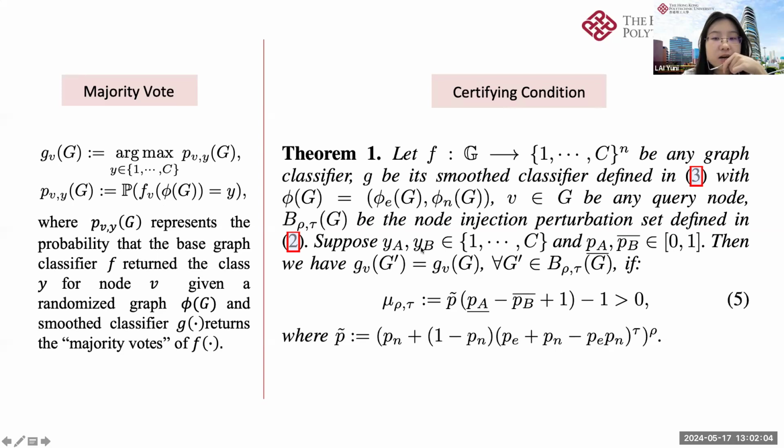If mu rho tau is greater than 0, then the prediction of the smooth classifier is certifiably robust. To obtain mu rho tau, we need to obtain the top class probability and the runner-up class probability, PA and PB.